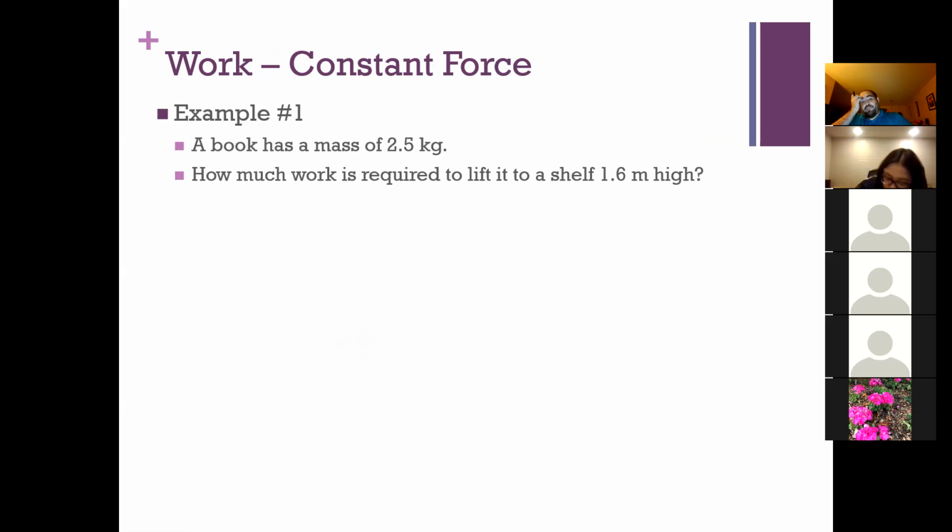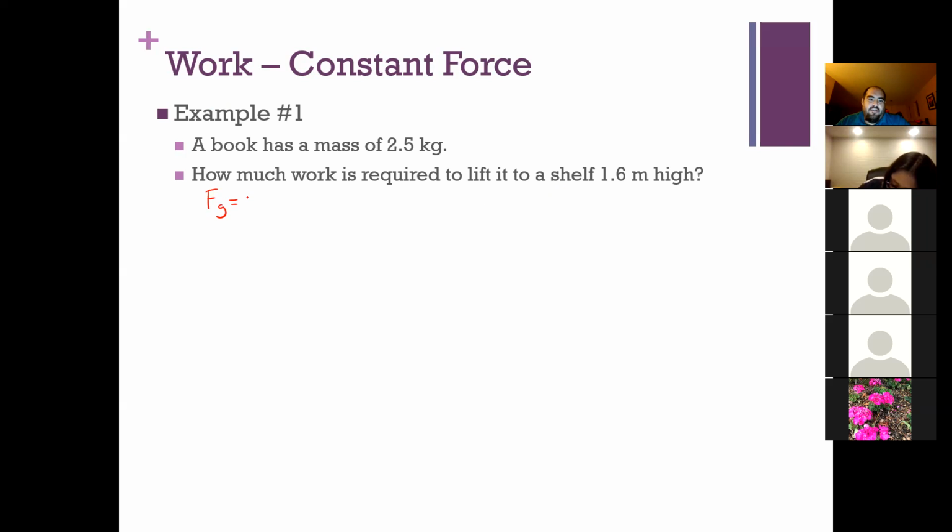So if I'm lifting a book, what force is it that I'm actually having to defeat, or having to counteract? Force of gravity times distance. Yeah, force of gravity. So first, let's calculate that force of gravity, and I'll call that F sub g here.